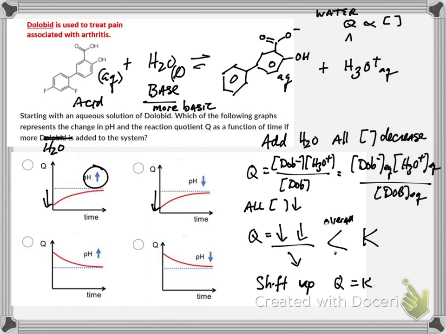So just kind of keep that in mind. Q is directly proportional to concentration. Add water. If you add water, Q goes down because concentrations go down. Remove water, Q goes up because concentrations go up.